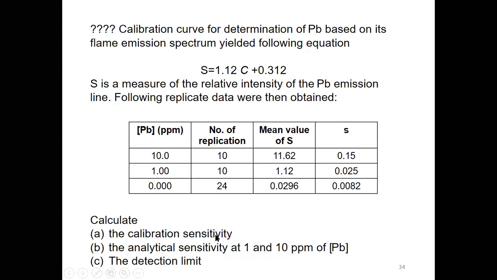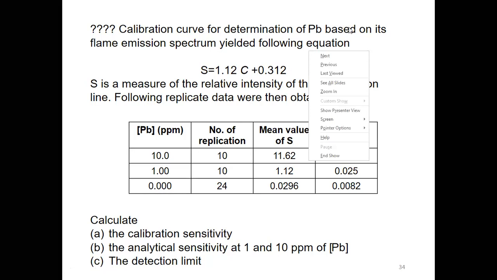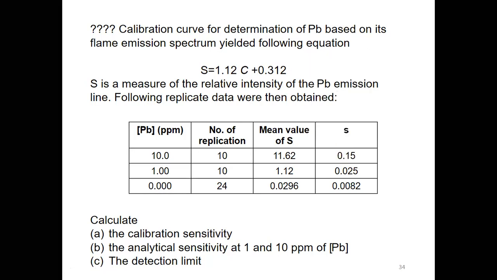So what is the calibration sensitivity? The equation has been given. This is the equation. Can anybody quickly tell me the calibration sensitivity here? 1.12. 1.12, good. When it asks for the calibration sensitivity, it is simply the slope of the equation, the graph, right?